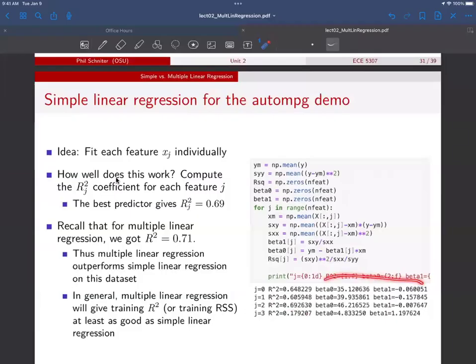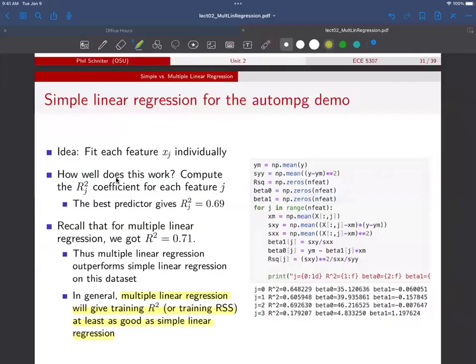And here we also can see the different size of the beta 0 intercept coefficients and the different size of the slope coefficients. So they can vary depending on the feature you're using. But the moral of the story is multiple linear regression will give training RSS at least as good as simple linear regression, usually better.